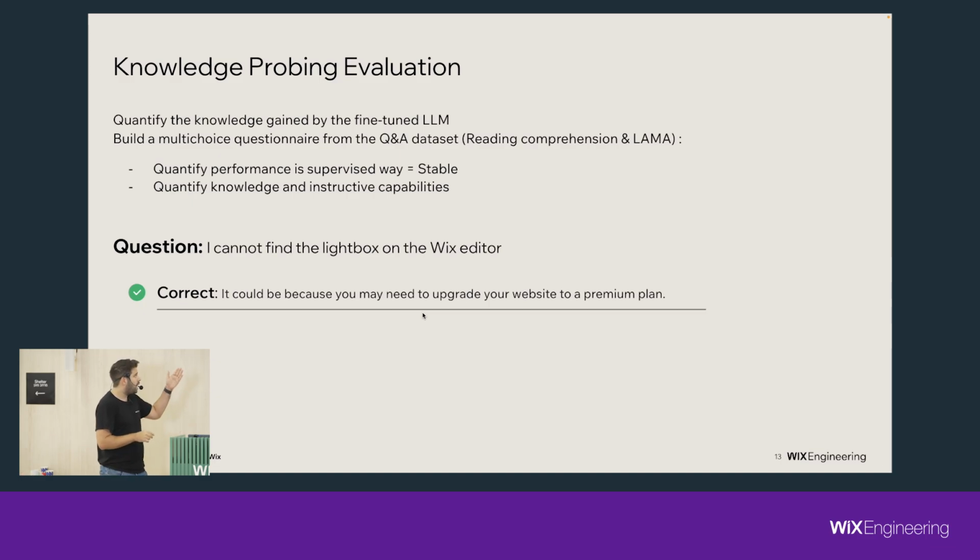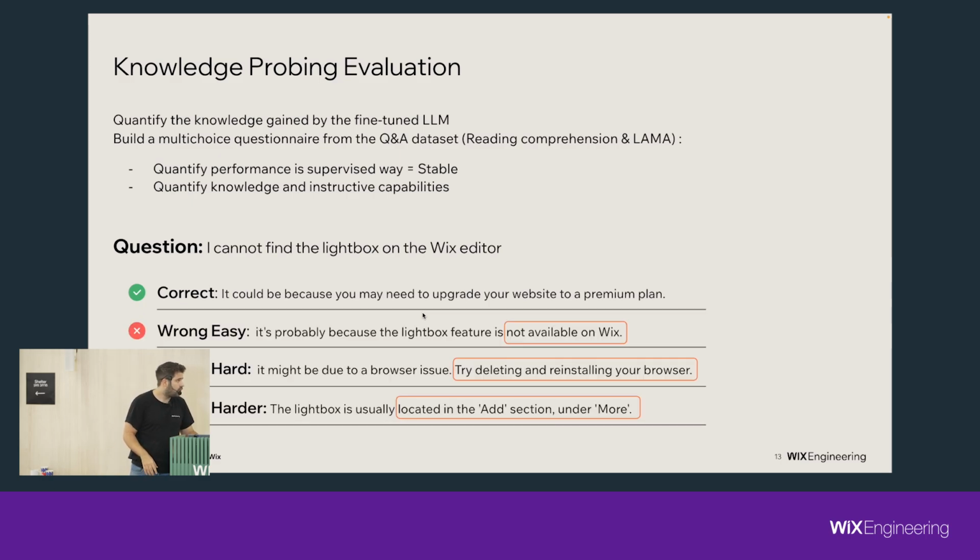And the question is how you actually extract this quiz out of the pair of question and correct answer that we already have. So what we've done, we created a prompt, and together with manual inspection by our data curation team, we created three options, one which is very easy, another one that is hard, and another one that is harder.